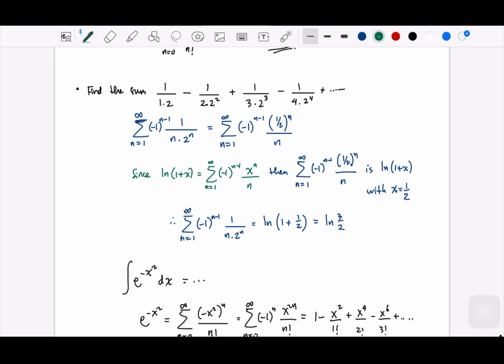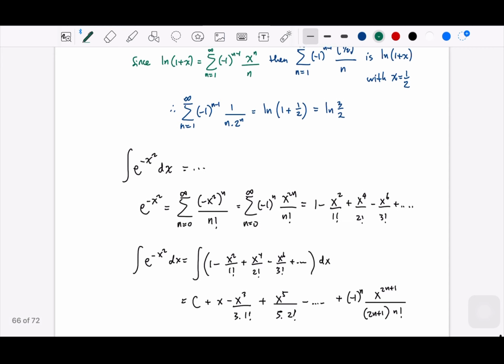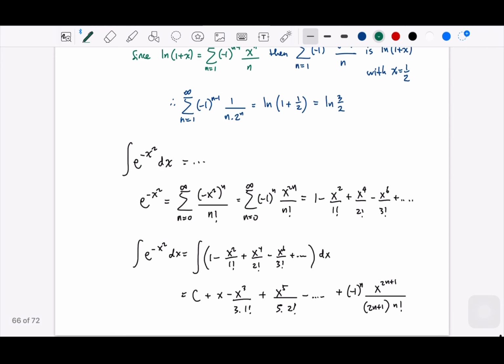If we see the last one that we did, the integration, using the series approach to transform particular functions into a series is one way to approximate how the integrations will be at the end of the day.